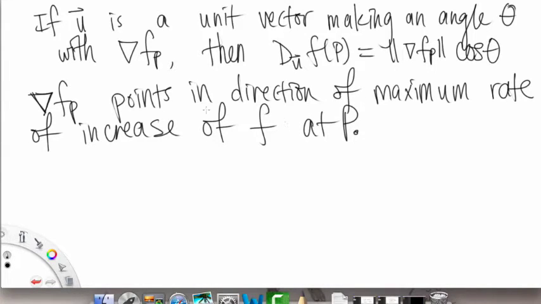Maximum rate of increase is more technically correct. And we know this because when our unit vector u is pointing in the same direction as our gradient vector, then the angle of separation is 0, right?